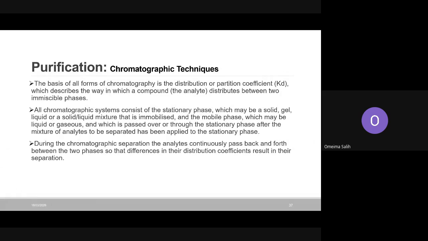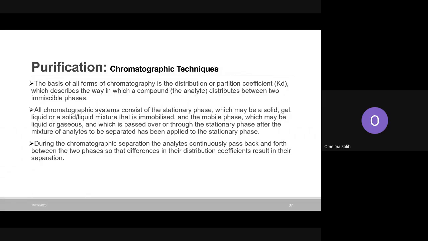When we speak about purification, we speak about chromatographic techniques. Chromatography is one of the methods used in the laboratory and mainly depends on two phases, a mobile phase and a stationary phase.